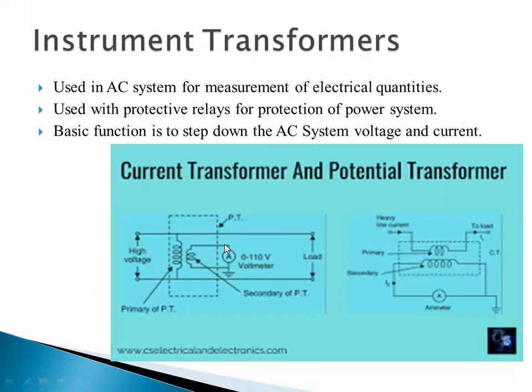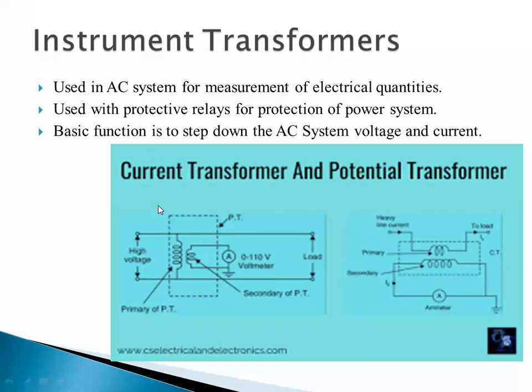Then these two are the transmission lines, and in between them the load is connected, and this potential transformer is there. So this primary is connected to very high voltage, and this secondary is having very low voltage.